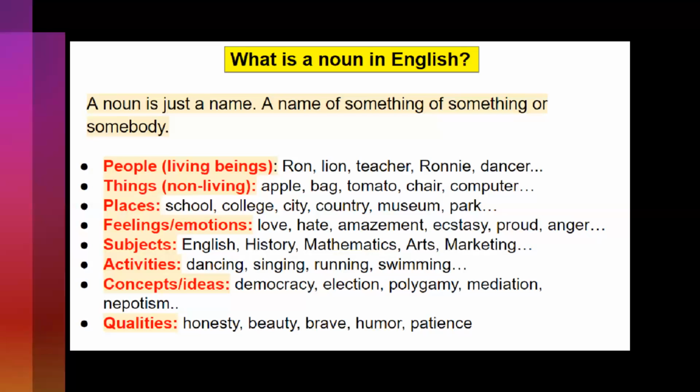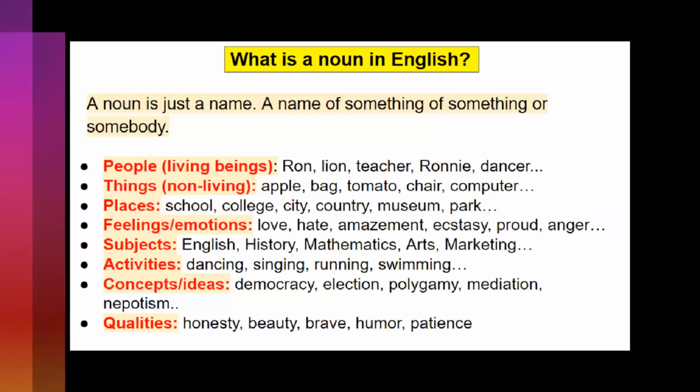And also we can express emotions, feelings like love, hate, amazement, and all these are nouns. We can speak about English, history, mathematics. All of them are subjects and also are nouns.